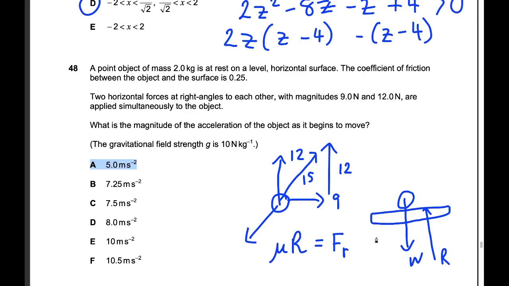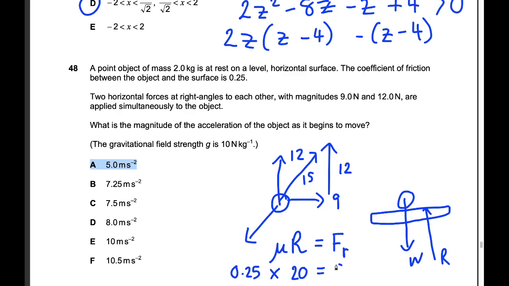So the weight is just 2 times g, so 20. So the reaction force is just 20. And if I put 20 in here and my mu of 0.25, I find my friction force is equal to 5. Okay? So we need to take 5 away from 15 because it acts against that motion.